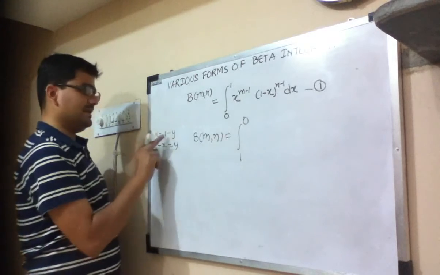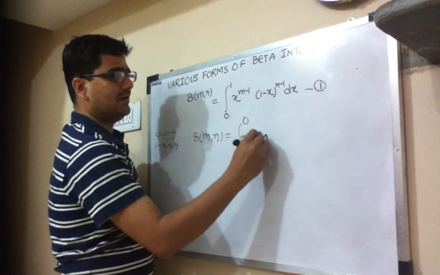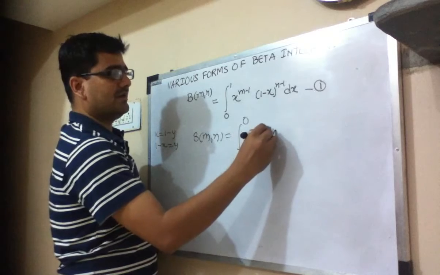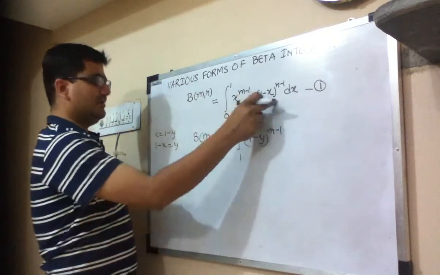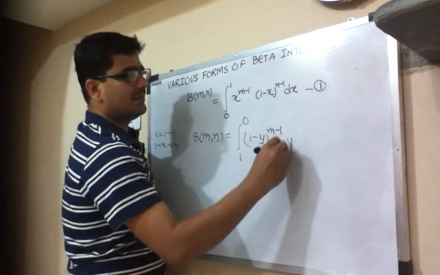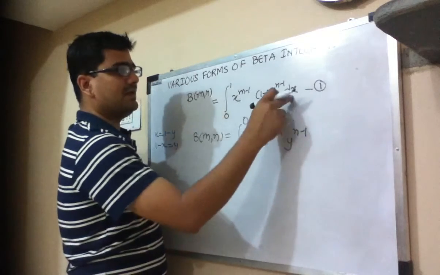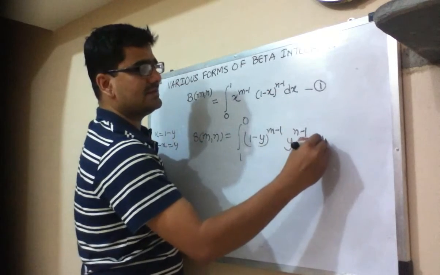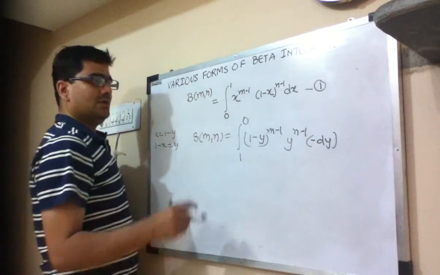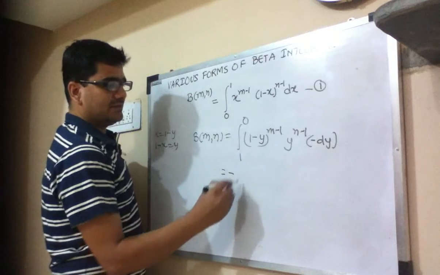x is 1 minus y, so there is the power of m minus 1. And again 1 minus x is y, so y to the power n minus 1. dx is equal to minus dy, so this minus comes outside.